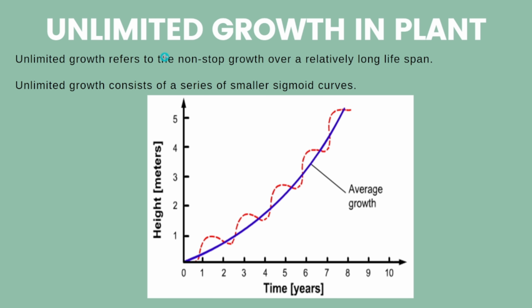Aside from that, the plant grows along its lifespan. So this growth curve consists of a series of smaller sigmoid curves. You can see like this. So this is unlimited; it can go until here, beyond here. So the growth is unlimited.